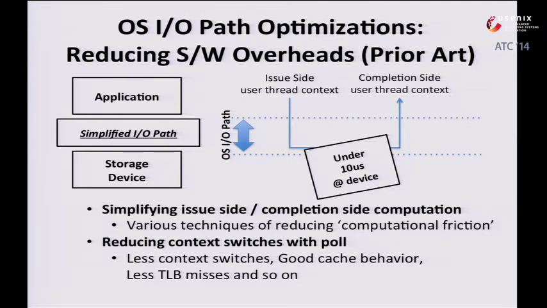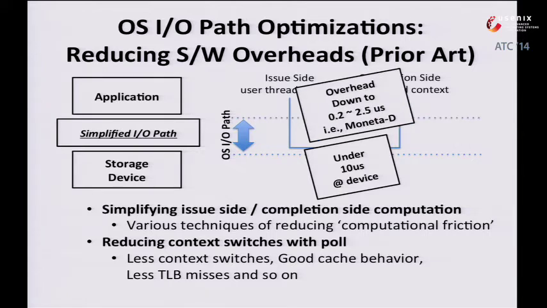In this case, yielding the CPU would introduce unnecessary overheads, as explained in the previous talk. So previous studies regarding these optimizations, such as Moneta-D from UCSD, led to a reduction of software latency all the way down to 1 microsecond or less, and it was really remarkable.